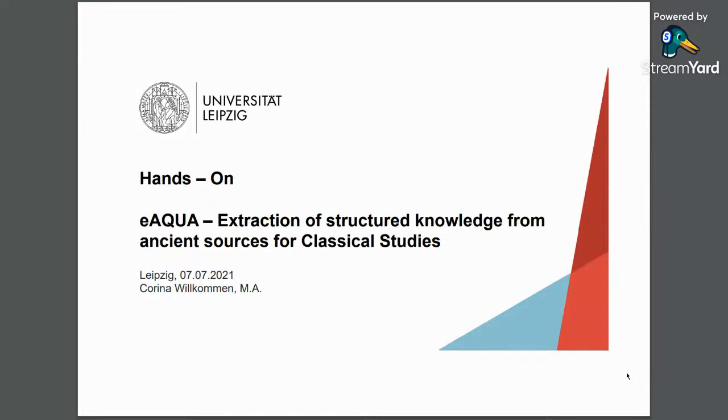The tools represented here were created in the second phase of the project and have been extensively developed and improved. They are offered on the website of eAQUA for use for freely accessible text corpora and for corpora that are subject to a license obligation, for all interested parties.